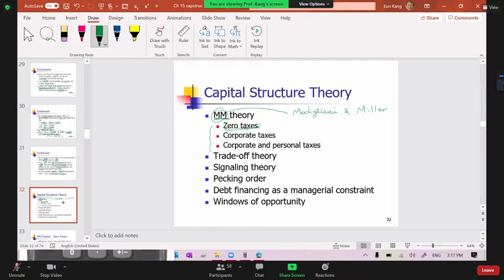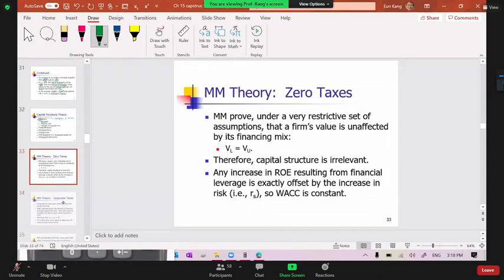So they had a second paper, corporate taxes. And finally, they include not only corporate, but also personal taxes. And we have trade-off theory and signaling theory and pecking order theory, debt financing as a managerial constraint, and finally, windows of opportunity. Let's examine that one by one.